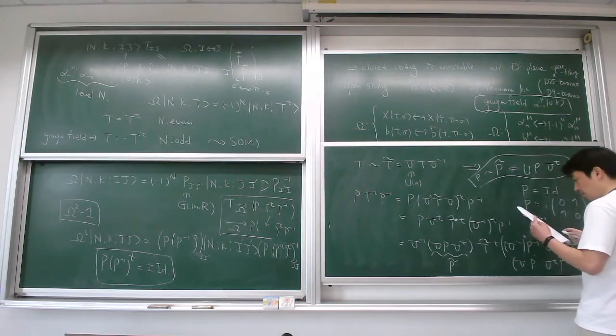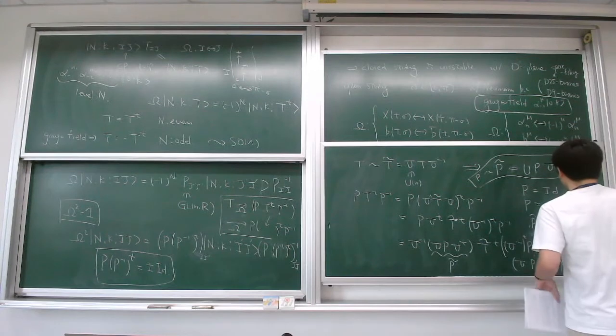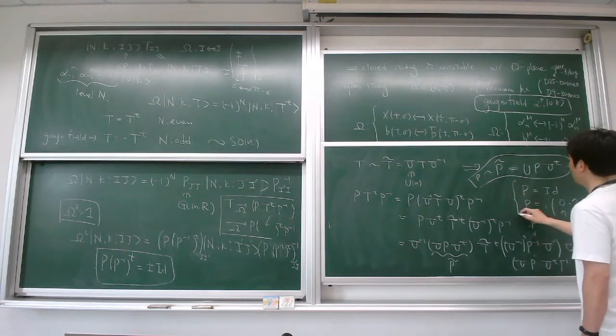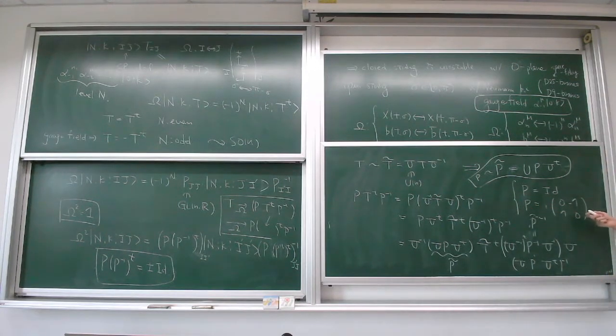Like this way, there are two possibilities, up to this gauge equivalence. The first choice will give you SO(N), as we have already seen before. The second choice will give you SP(N).